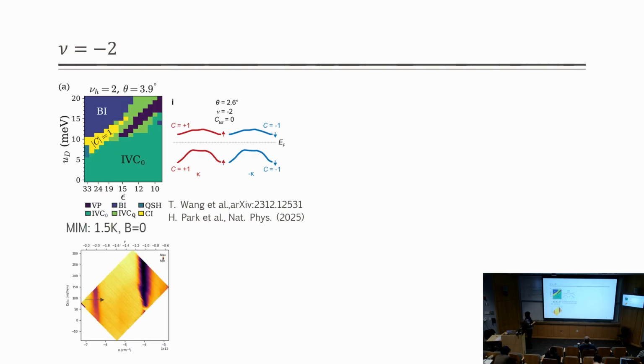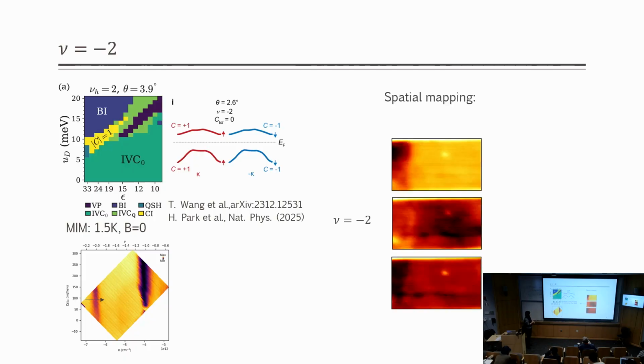So then we measured this nu equals -2 by pushing our top gate to very, very high doping densities, and it seems like it's still working pretty well over there. And then going through this arrow, we measure the edge state. It seems like whatever happens at nu equals -2 is very different from what we saw at nu equals -1.